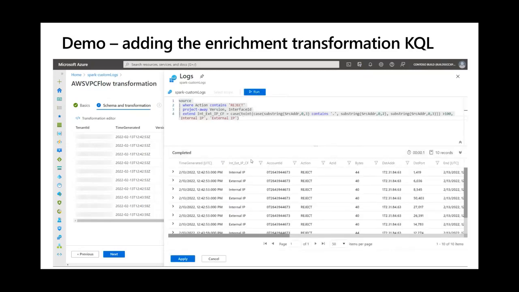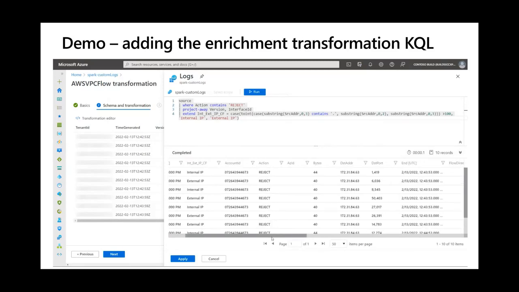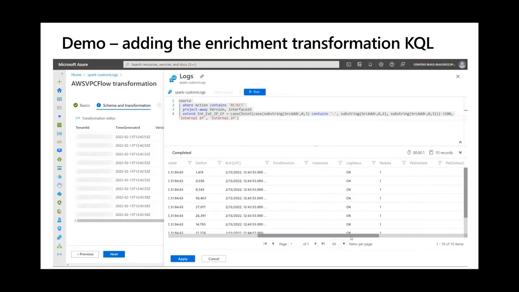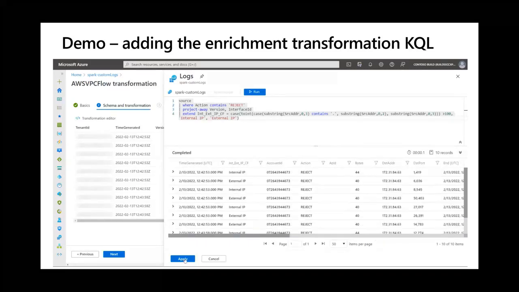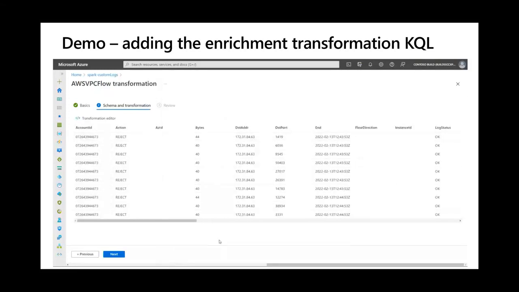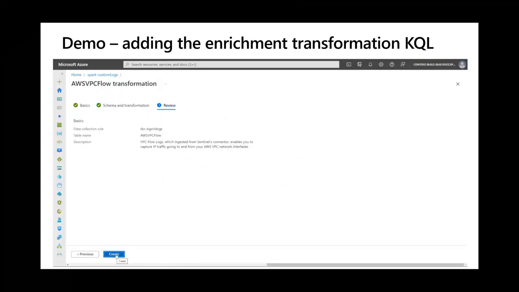We run the KQL query, we see the result. As you can see, the filtering works, the enrichment works, and we're happy with the result, and we move forward to apply and to create a data collection rule.